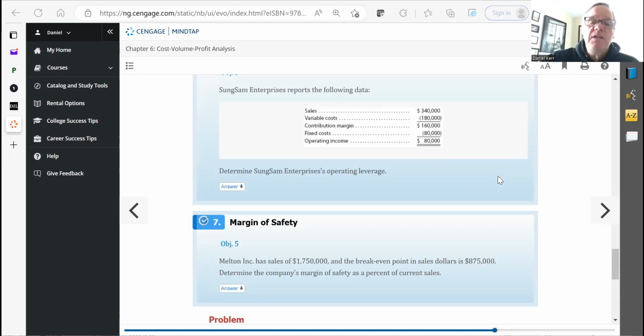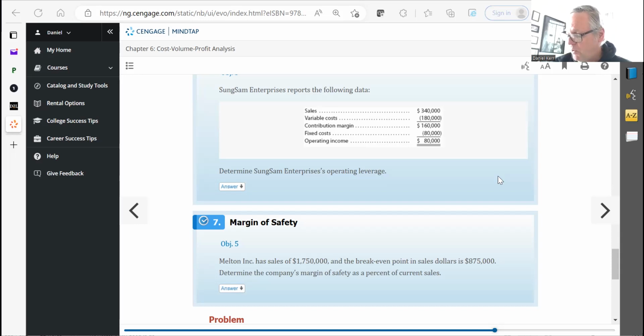And then the margin of safety. Margin of safety is defined as the percent that your sales could decrease and you could still break even. So what is the margin of safety? What percentage of sales could we endure without falling below break even? The key information you have there is the current sales and the break-even sales for the company.